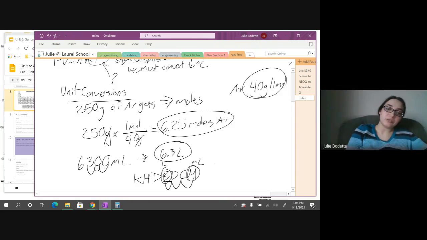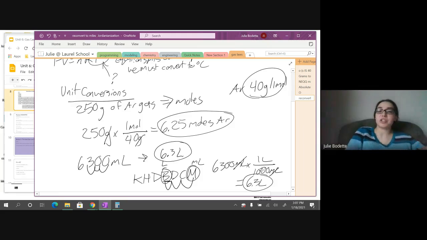The other way you could do this is we know how many milliliters there are in a liter. If you remember, there are 1,000 milliliters in 1 liter. Then you could just do 6,300 times 1 divided by 1,000, and that will also get you 6.3 liters.